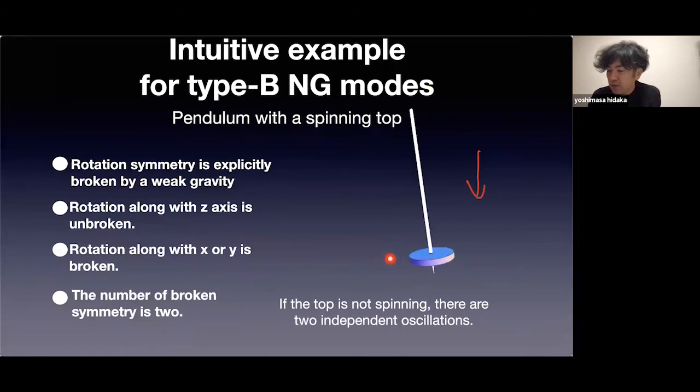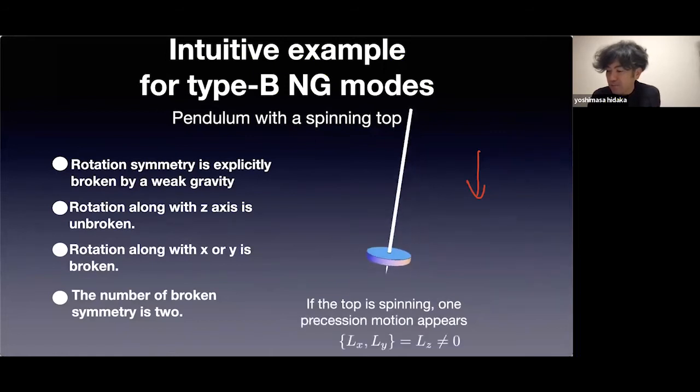But if this spinning top is spinning, you can see a single precession mode like this. What is behind this? This is a classical system, so the commutator corresponds to the Poisson bracket. In this rotational symmetry case, the angular momentum is the symmetry generator.